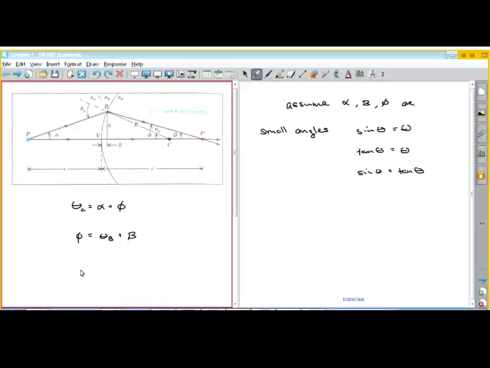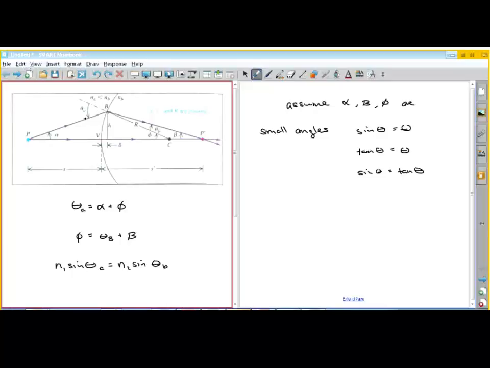Okay. We also know that from the law of refraction that N1 sine of theta sub A equals N2 sine of theta sub B. So this is the perpendicular from the center through the surface, going to be perpendicular to the surface.